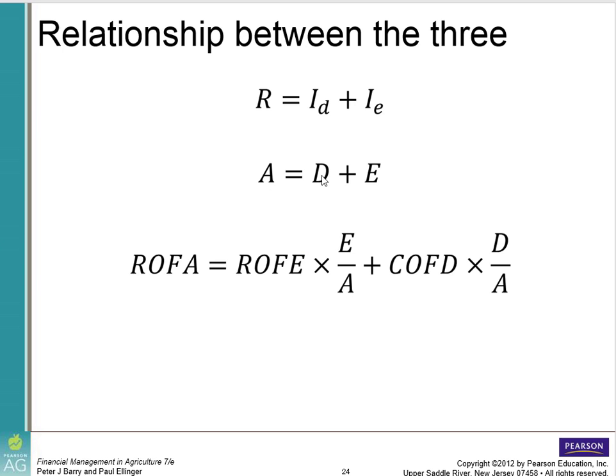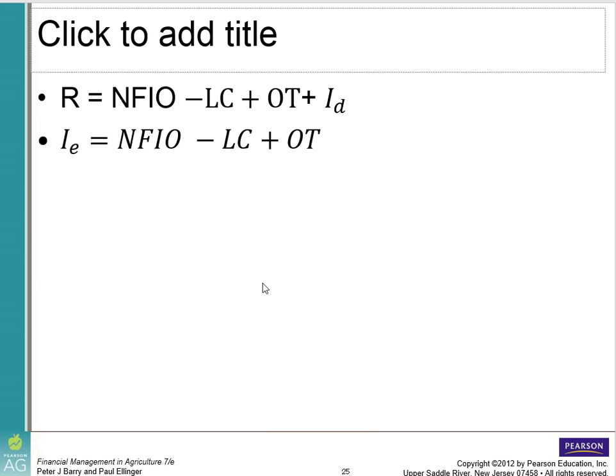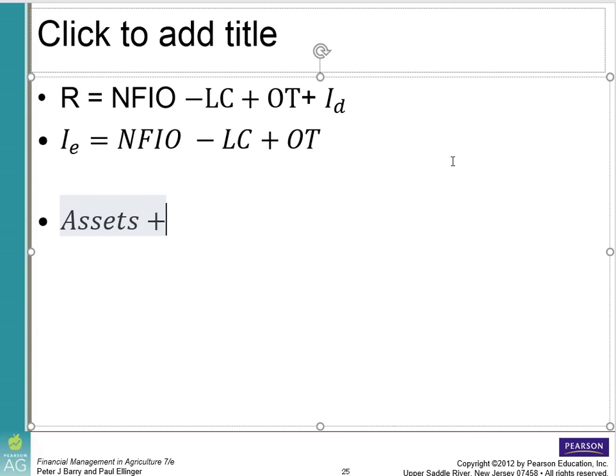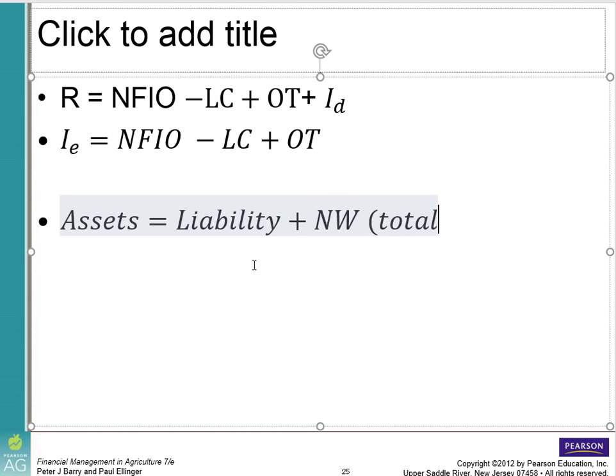So that is where A equals D plus E is coming from. Total assets equal total liabilities plus net worth, which is also total equity. It's the same terminology.